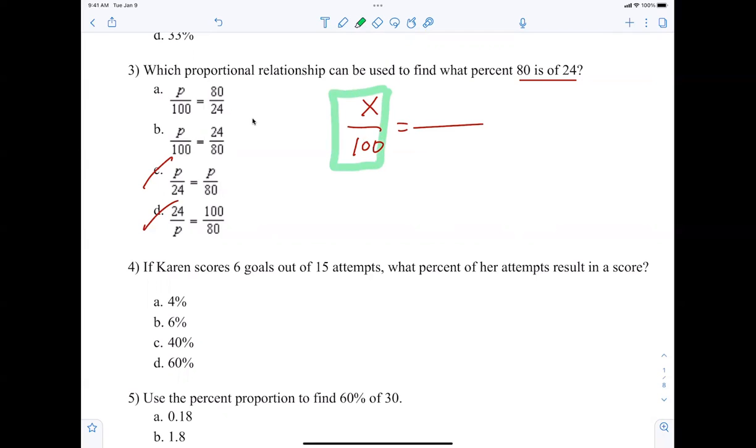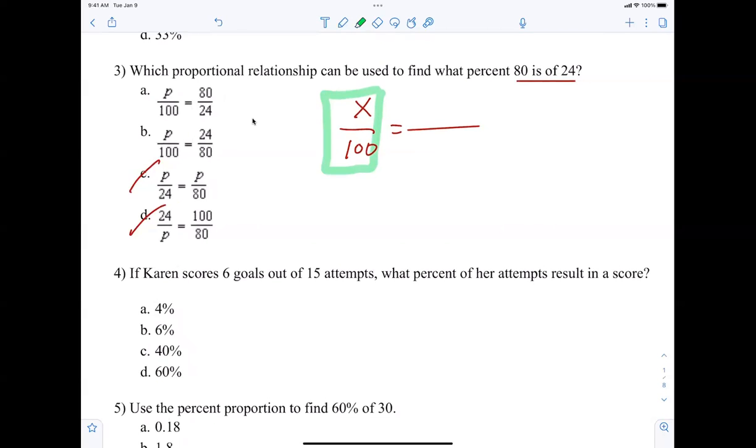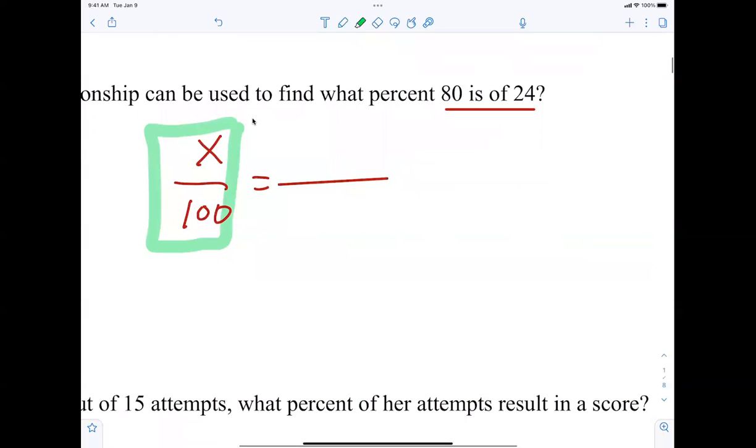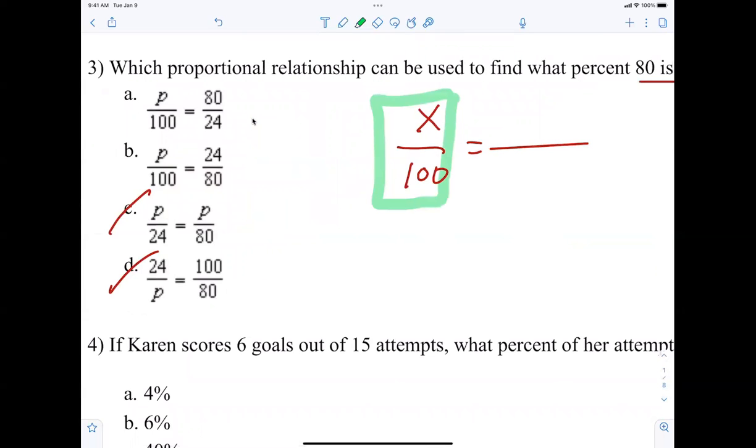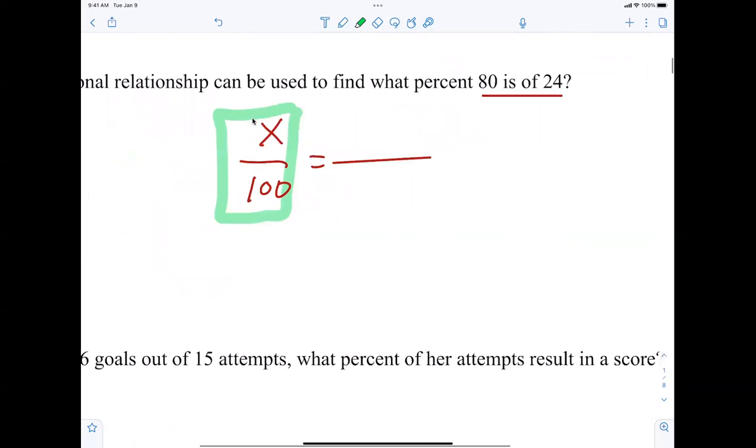Now, here is kind of a challenge. I want everybody to look at this. What percent 80 is of 24? To me, if I was initially going for this, I'd probably say B. But after thinking about it more, we're talking about 80 compared to what? 24.